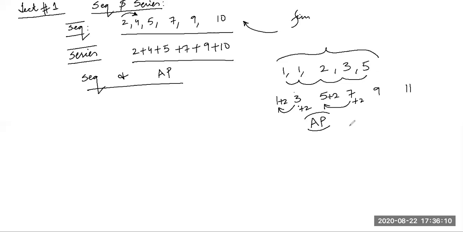Now guys, arithmetic progression is defined as a sequence, let's say a1, a2, a3 till an. Now it's finite.